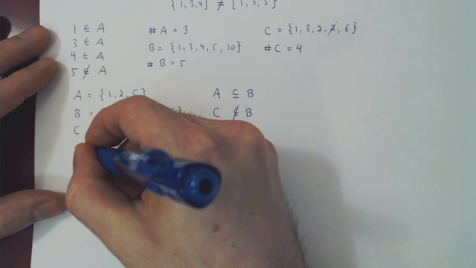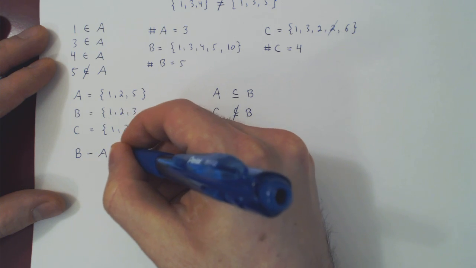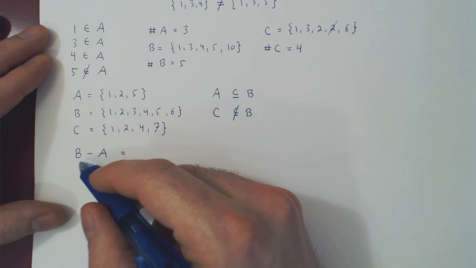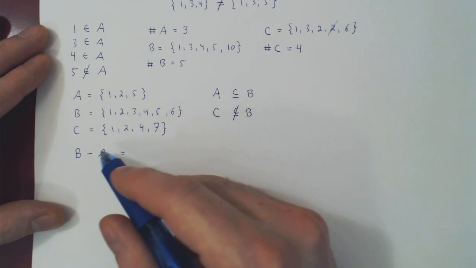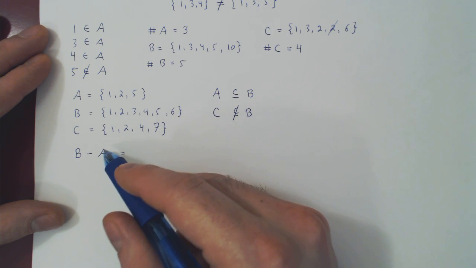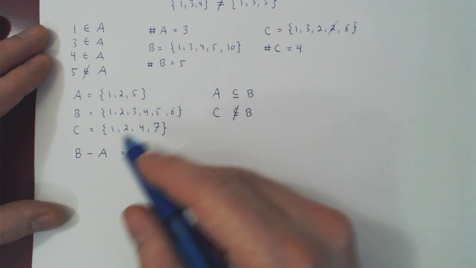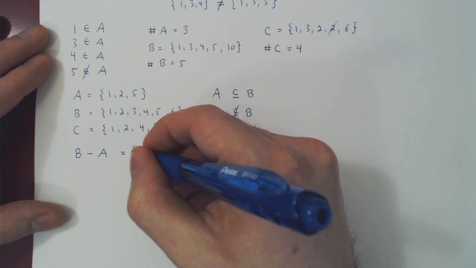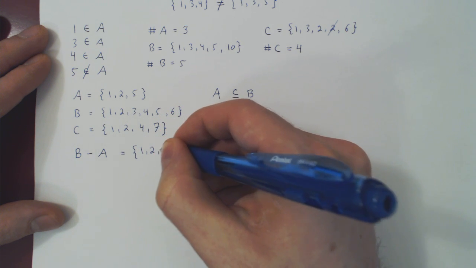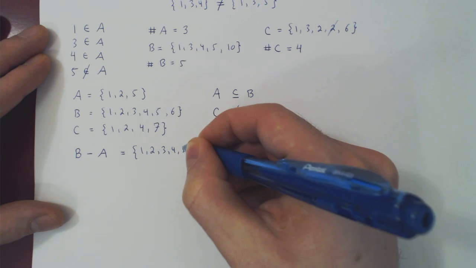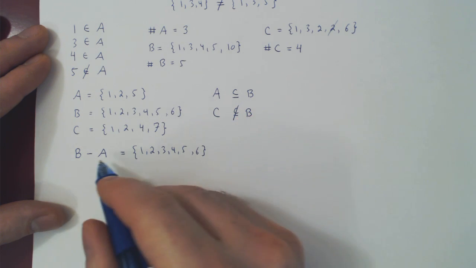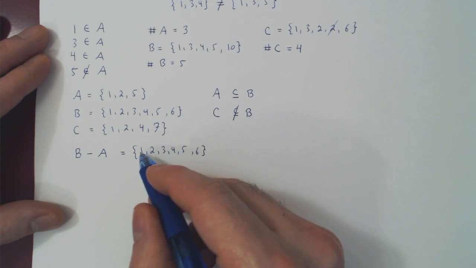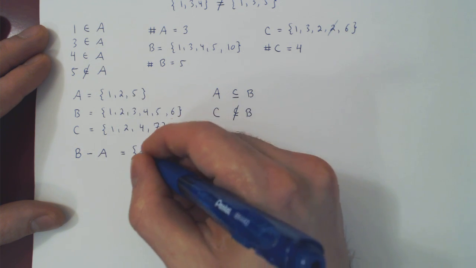Could we make sense of B minus A? The answer is yes. Think of it as you start with the set B and you subtract A, so you throw away every element in B that is found in A. So you start with the set B, 1, 2, 3, 4, 5, 6, but you subtract the elements that are found in A. So as 1 is in A, we remove it.